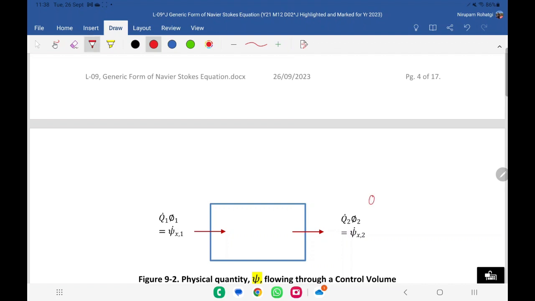This Q2 dot is equal to u2 del y del z, and Q1 dot is equal to u1 del y del z. So Q1 dot and Q2 dot are telling you the volume of the fluid which is entering per unit time or going out per unit time.